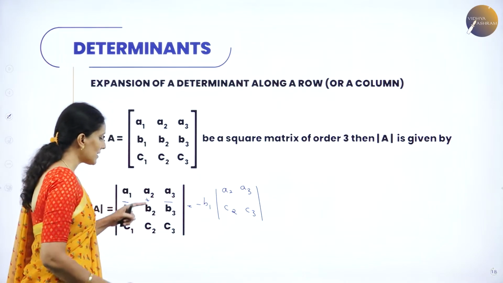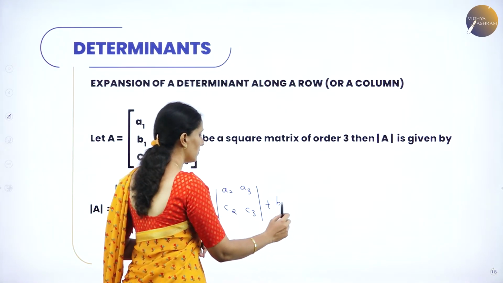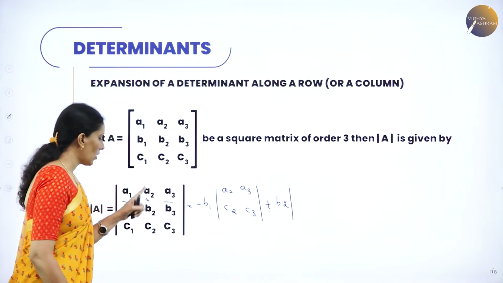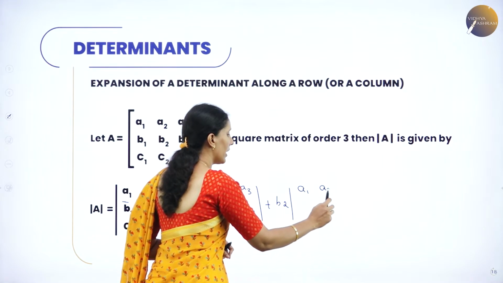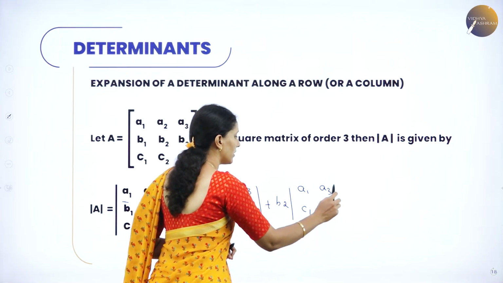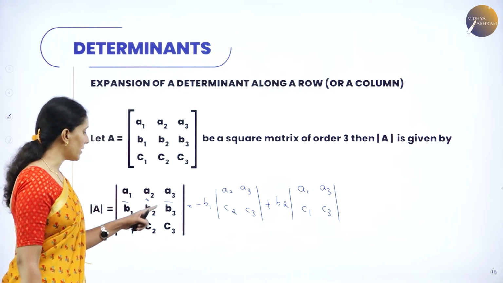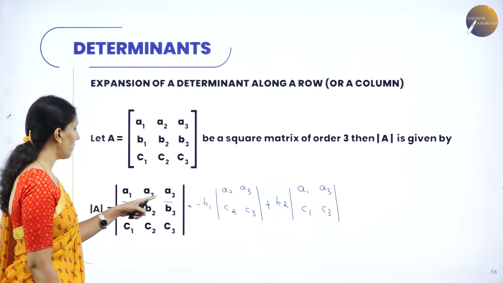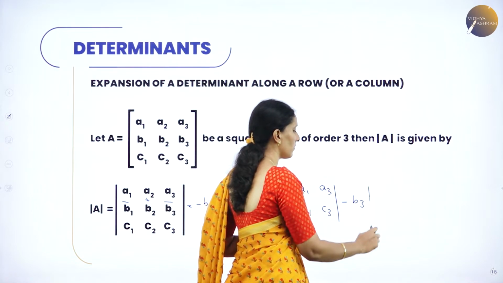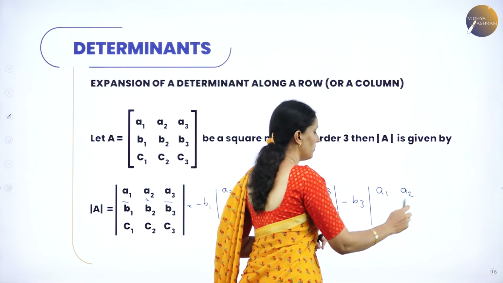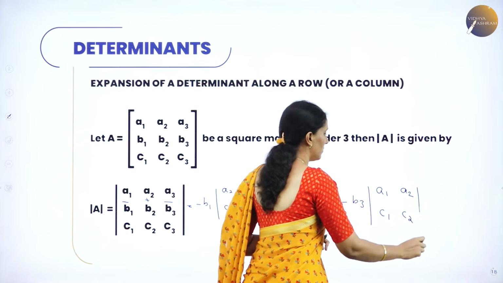Next is plus B2. Now delete the column and row. The remaining elements are A1, A3, C1, C3. The last one is B3. Delete the column, delete the row, but minus B3 it is. So minus B3, A1, A2, C1, C2.